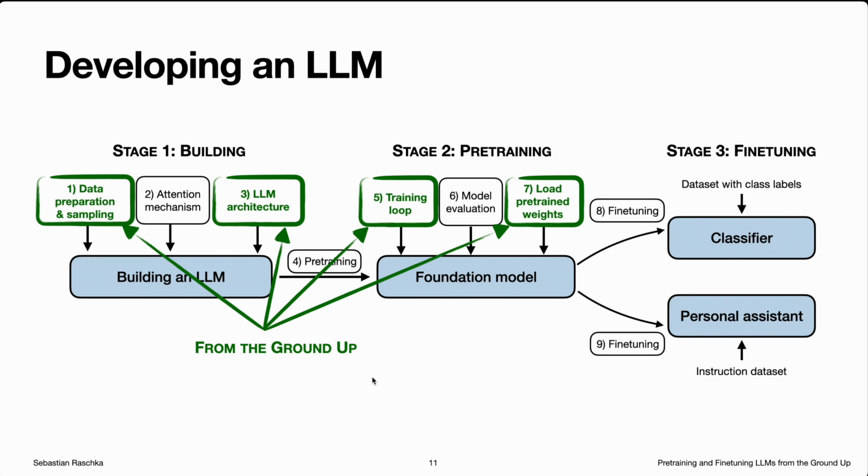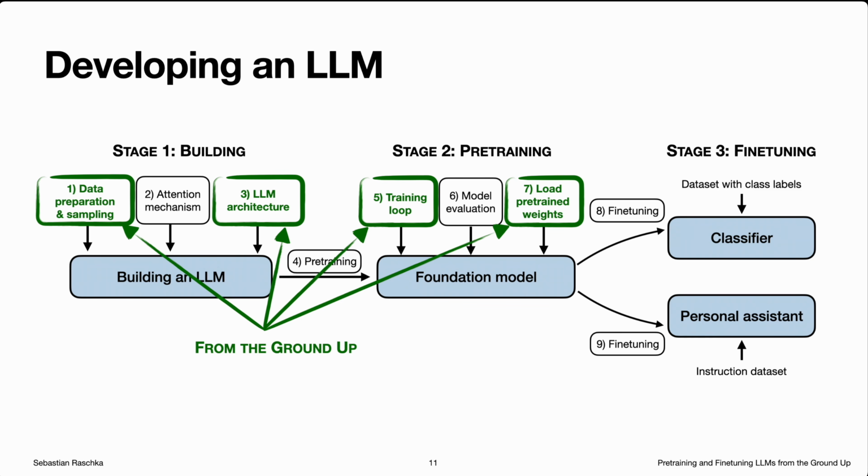We will be doing these from the ground up, which means really starting from scratch, not using any existing LLM libraries, because I think this is a really great way of understanding how an LLM works if we do all the work ourselves, instead of just calling some functions that we don't really understand how they work.